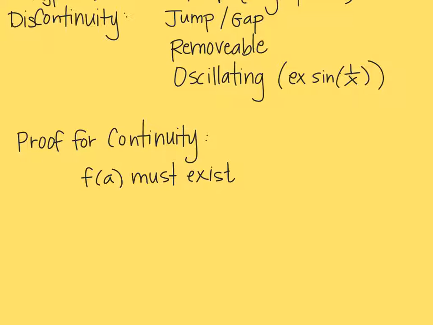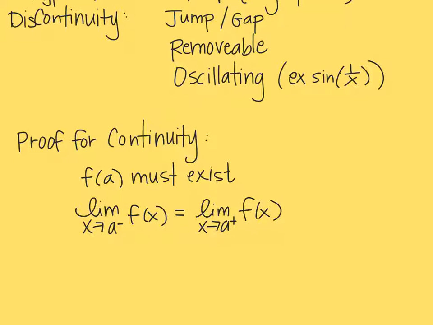Okay, so the point has to be there. That means it has to be closed. The limit approaching A from the left must equal the limit approaching A from the right. That's the second part.